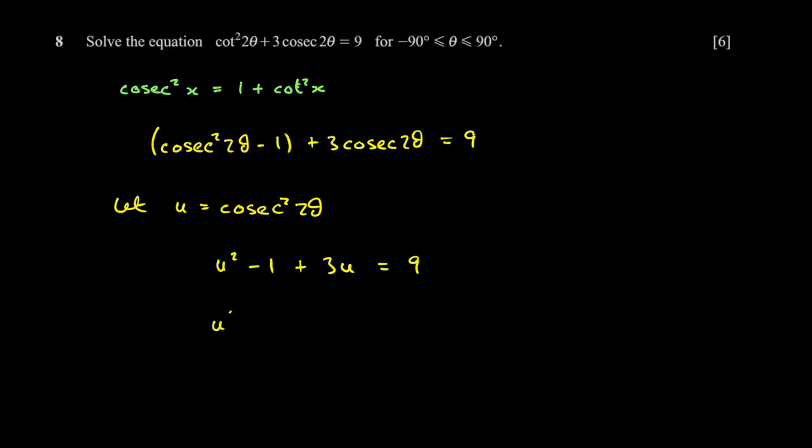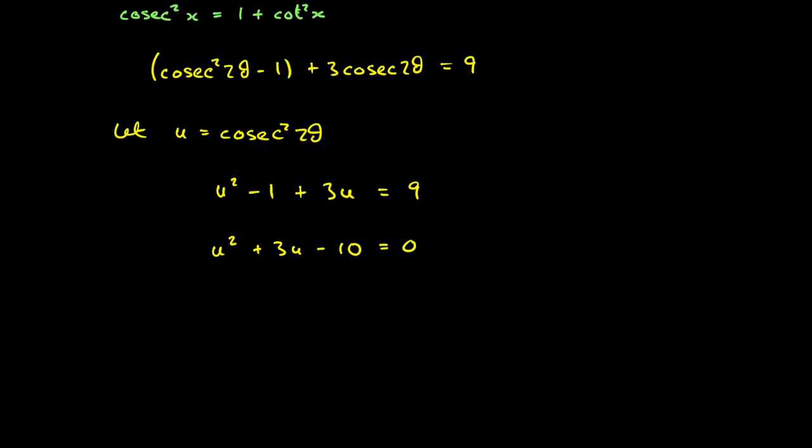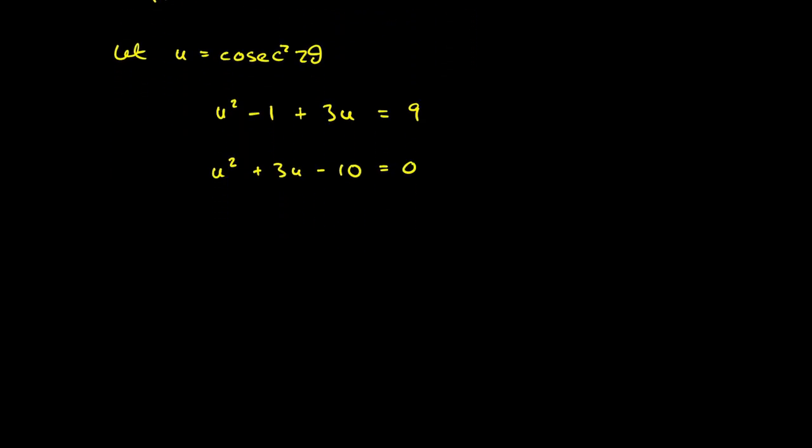And that's going to give us u squared plus 3u minus 10 is equal to 0. And this is going to factorize to give u plus 5 and u minus 2. We know that because we're looking for 2 numbers that multiply together to give negative 10 and add up to give positive 3. Therefore u is either equal to negative 5 or u is equal to positive 2.